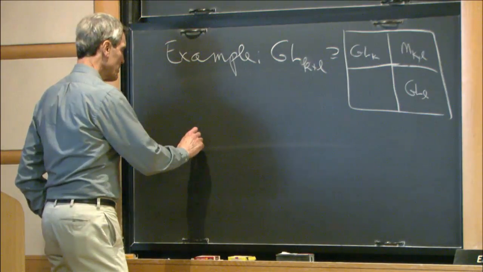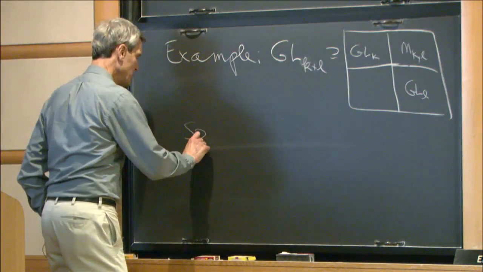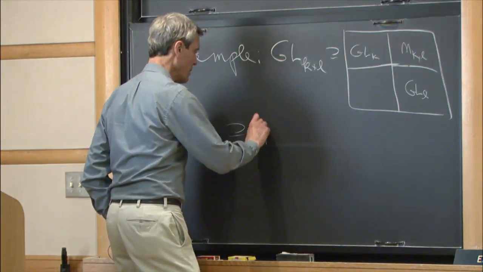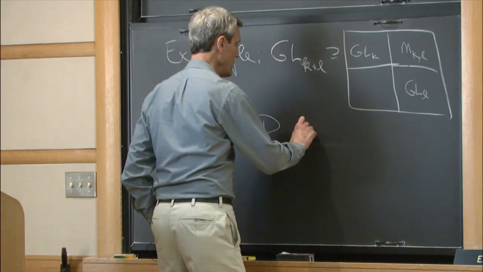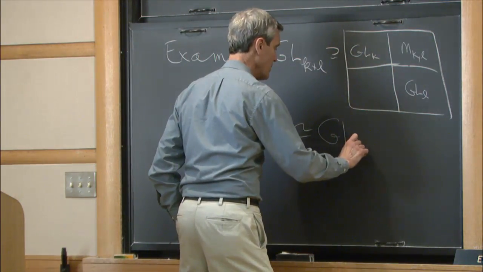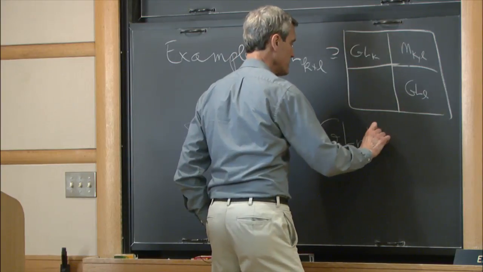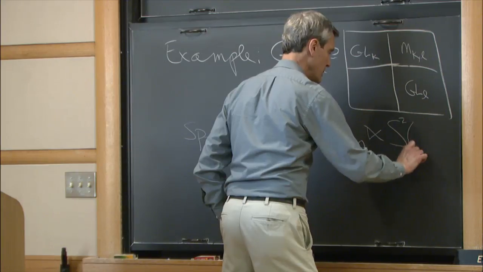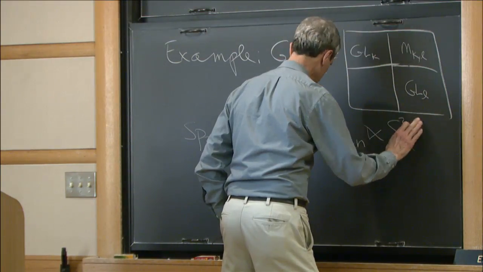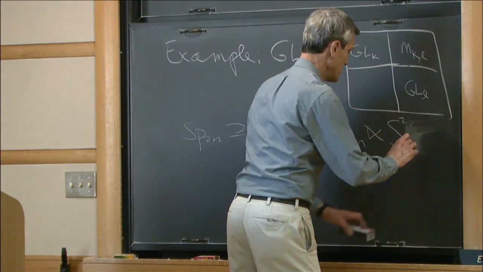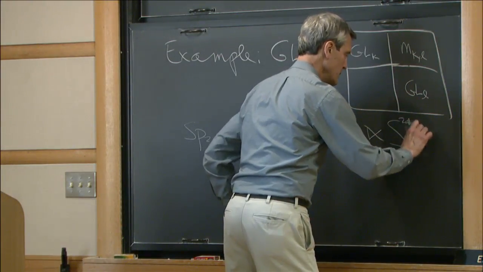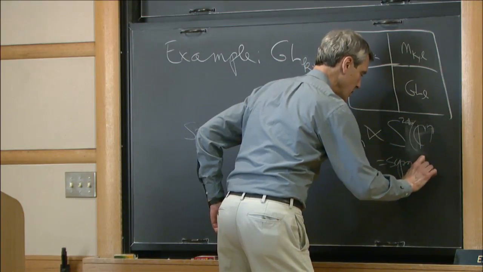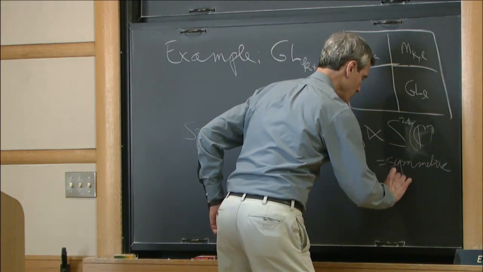The example that Shamgar gave: if you take Sp_2n, it contains similarly a parabolic, which I'll call P_n, which is isomorphic to GL_n times the symmetric square S^2(C^n), the symmetric n by n matrices.